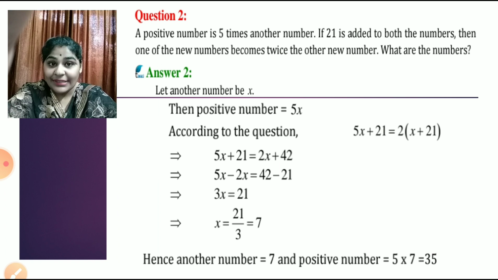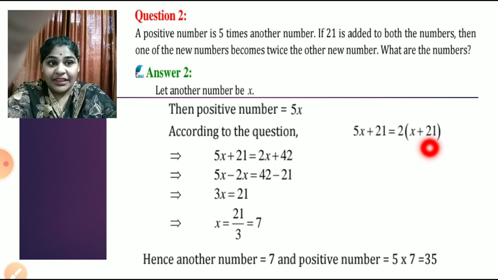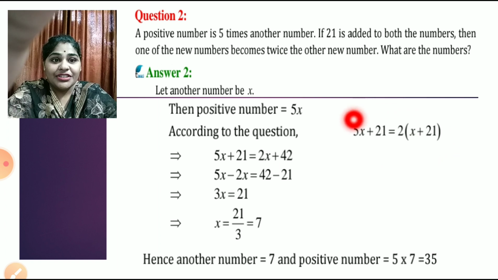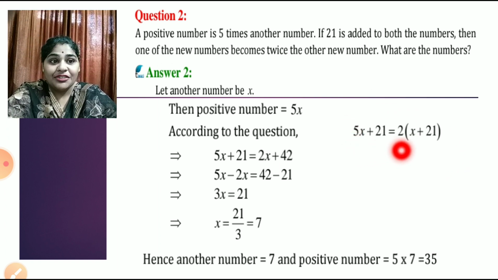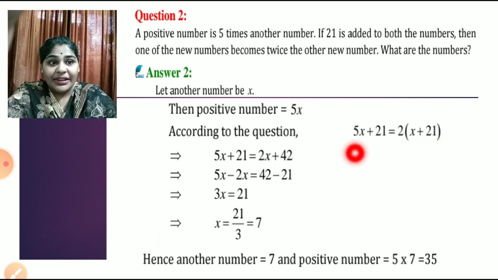The other new number was x plus 21, right? Twice of it means 2 times x plus 21. So here is our equation now formed, that is 5x plus 21 is equal to 2 into x plus 21 in bracket. So let us now solve this.